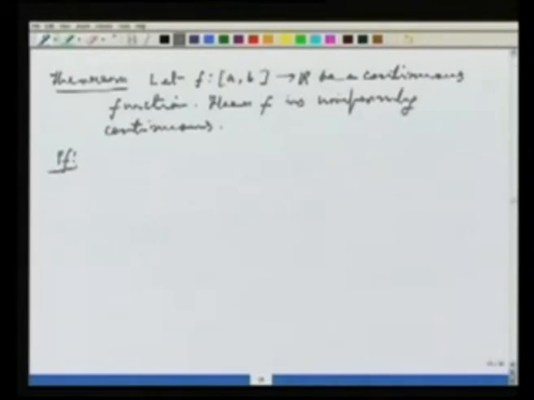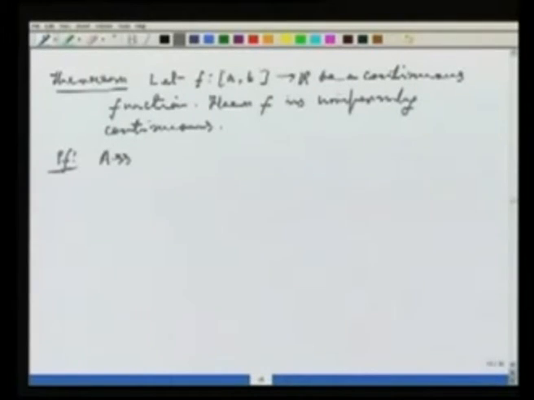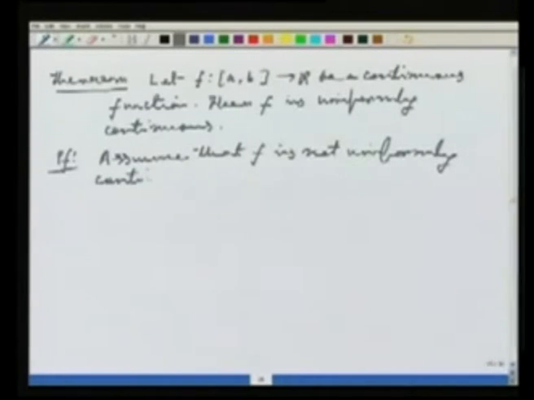The proof actually uses the contrapositive argument. So let's assume that f is not uniformly continuous. What does this mean?